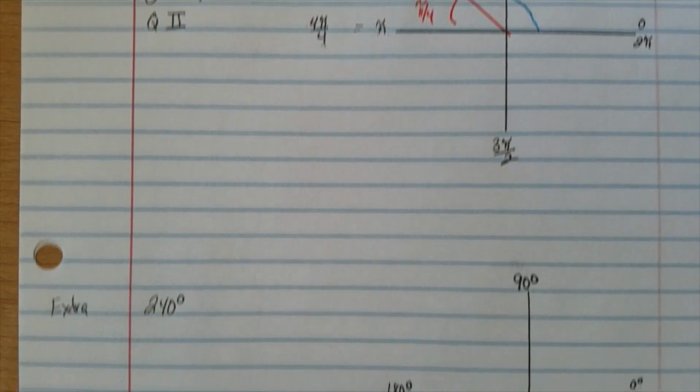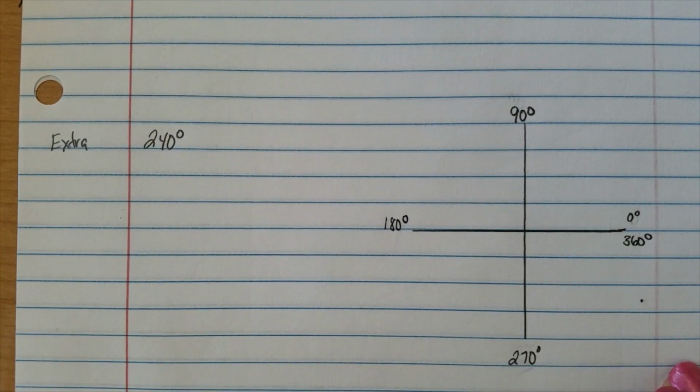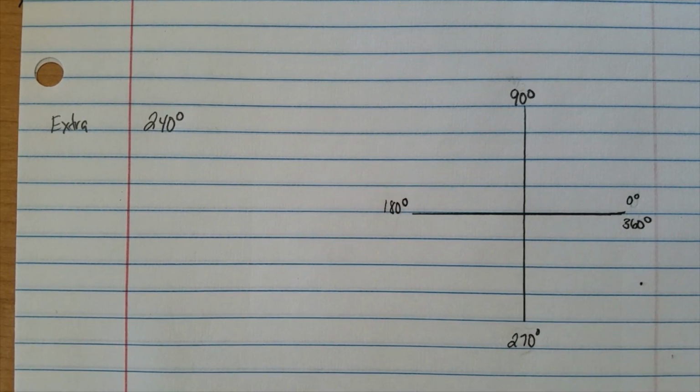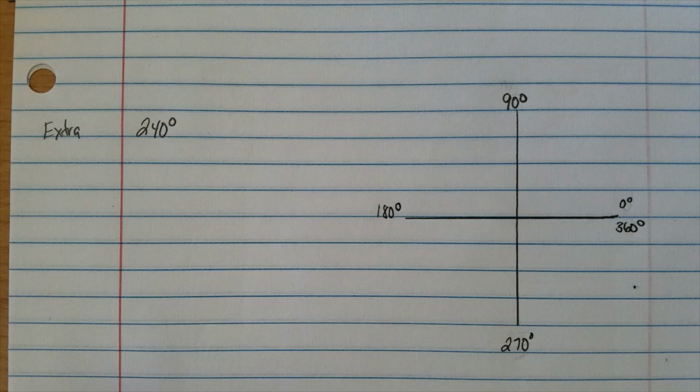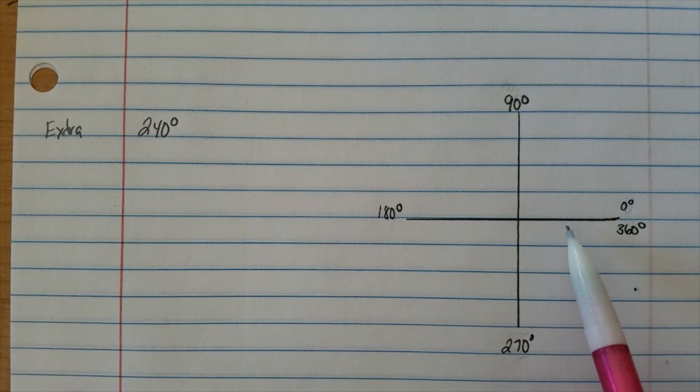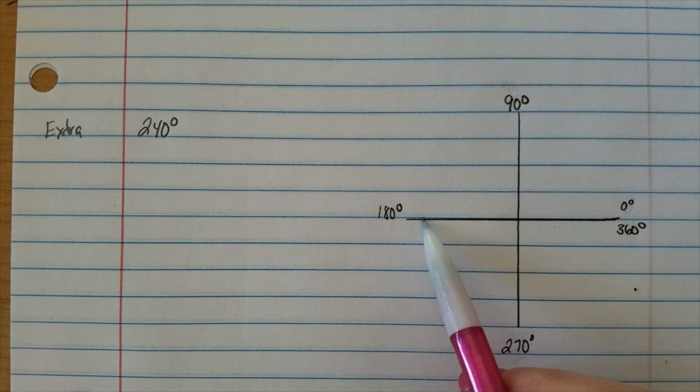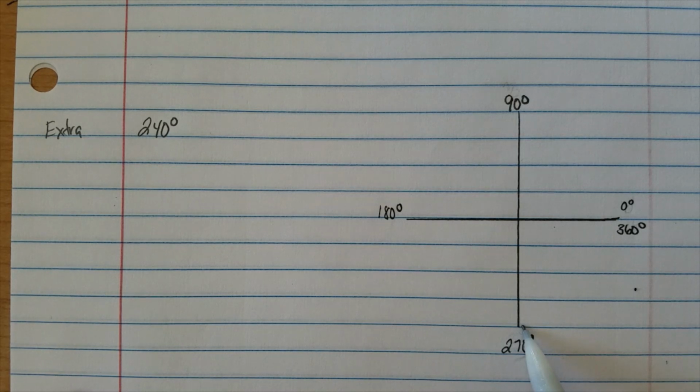Now, if we move into degrees, let's do 240 degrees. Reference angle isn't as easy to get at, but the quadrant is really easy to get at. So if we're at 240 degrees, well, here's 0, 90, 180, 270 degrees.